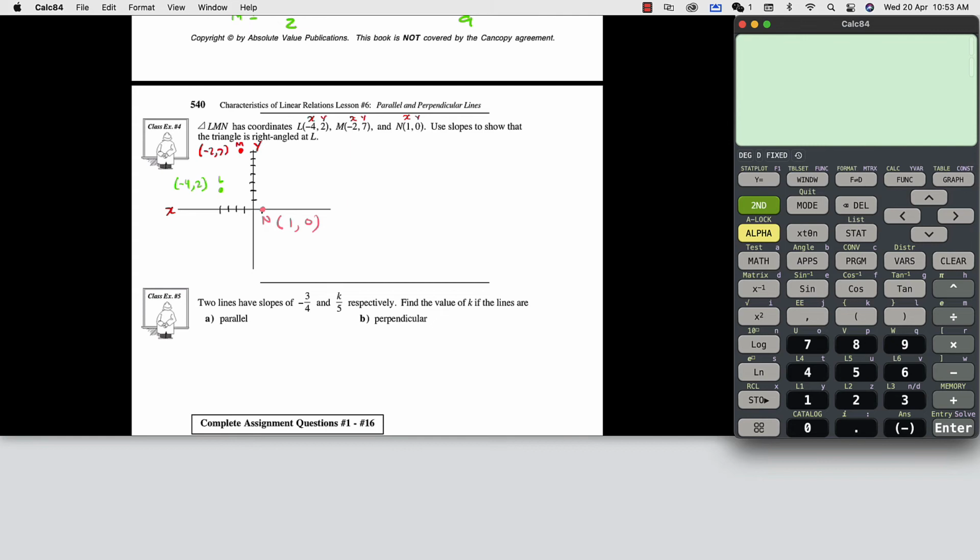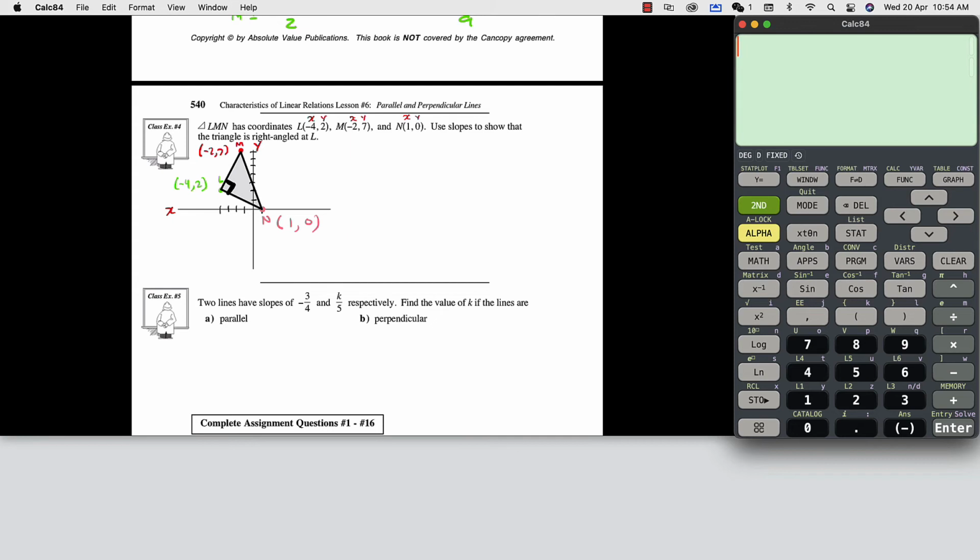So if I draw a line between M and L and form a line between L and N, and form another line between M and N. Hopefully that's making a right angle triangle. So basically, what do I have to do to make sure it's a right angle triangle?